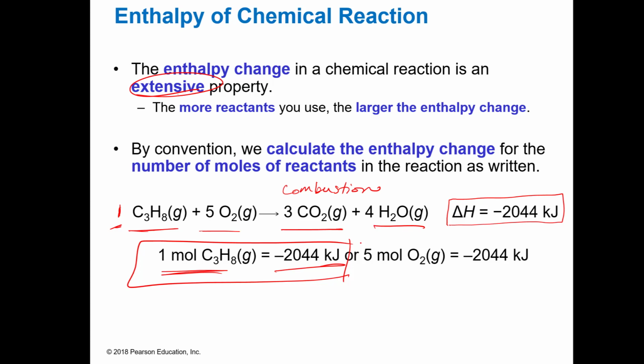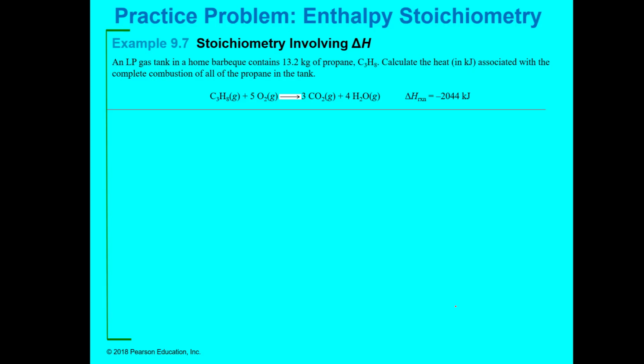So you look at it from the standpoint of the propane, and you have 1 mole of propane, so that's a negative 2044 kilojoules per mole of propane. So that's just how we look at it, okay, in molar ratios, because it's an extensive property. So that allows us to do stoichiometry with this. Yes, you're not going to escape from stoichiometry ever.